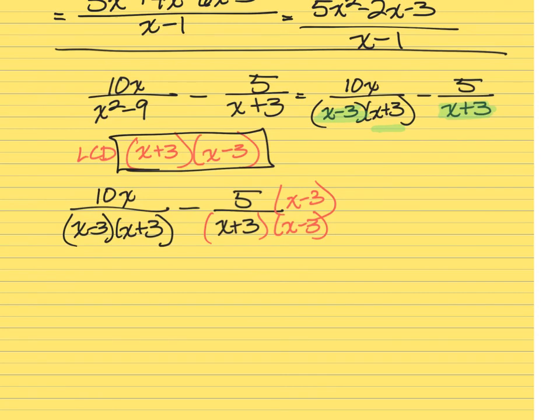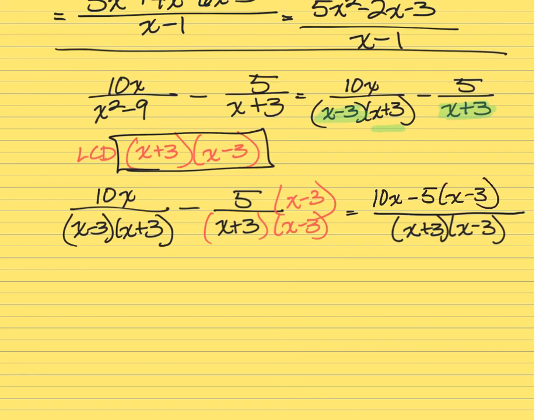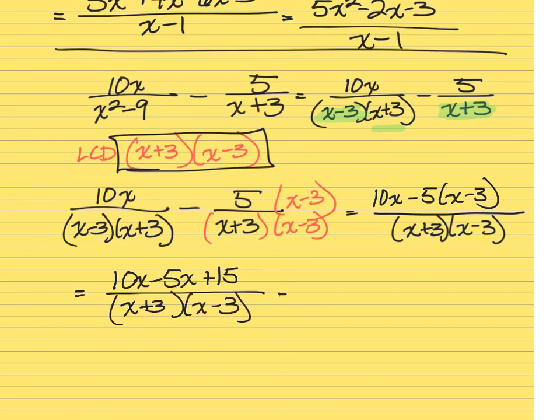So now my answer is going to have the same denominator, x plus 3, x minus 3, so that's good news. On the top, it's going to be 10x minus 5 times x minus 3, or 10x minus 5x plus 15 over x plus 3, x minus 3. So it becomes 5x plus 15 over x plus 3, x minus 3.